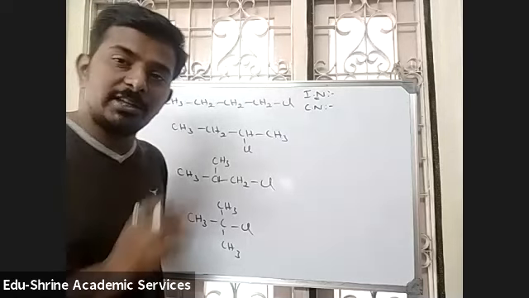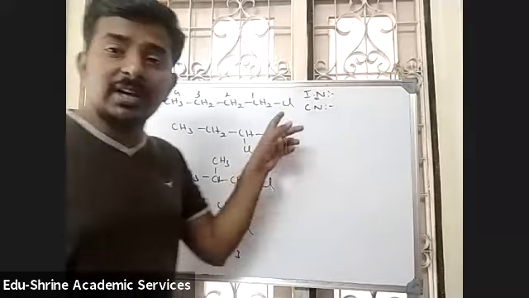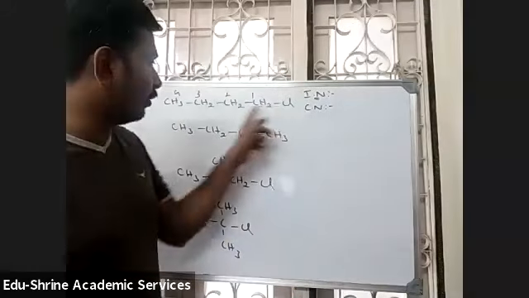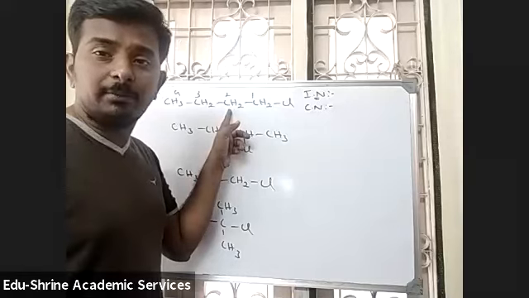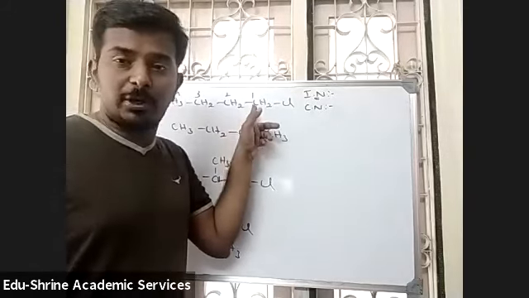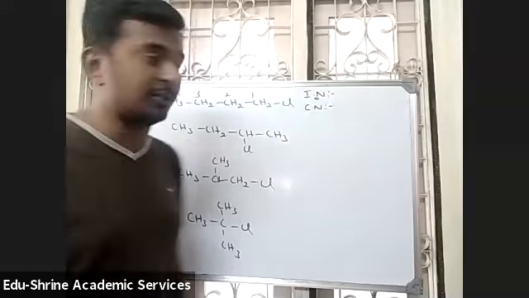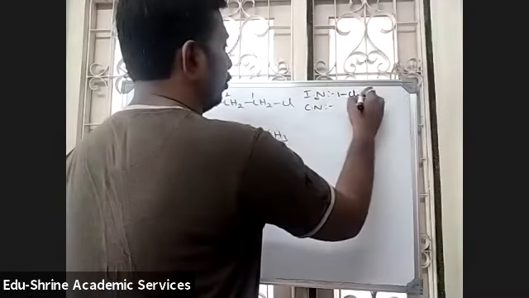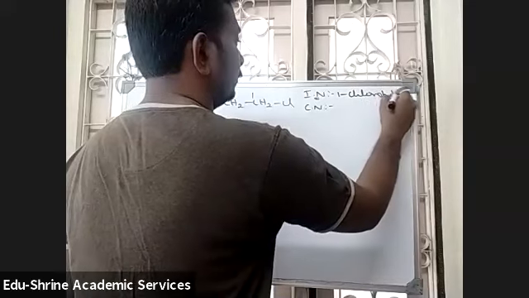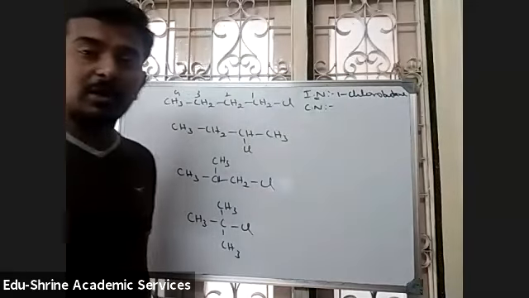Yes, so it is 1-chlorobutane. 1, 2, 3, 4. I cannot just write chlorobutane because if this chlorine is present here, it becomes 2-chlorobutane, and if it is present here, it becomes 1-chlorobutane. Two different possibilities are there, so definitely you need to mention the position. IUPAC name is 1-chlorobutane.